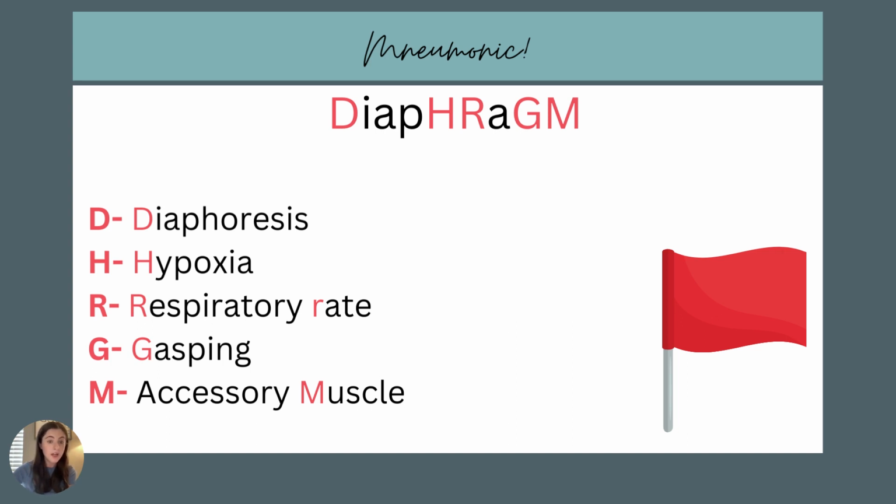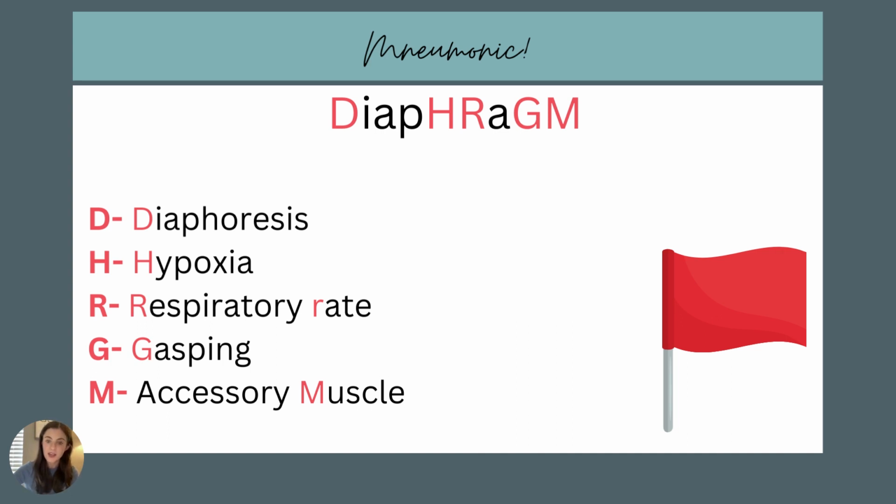A big thing to watch out for and educate caregivers on is for signs and symptoms of respiratory distress. I like to use the mnemonic DIAPHRAGM, which stands for diaphoresis or sweating, hypoxia, lower oxygenation saturation levels, respiratory rate, gasping, accessory muscle use.